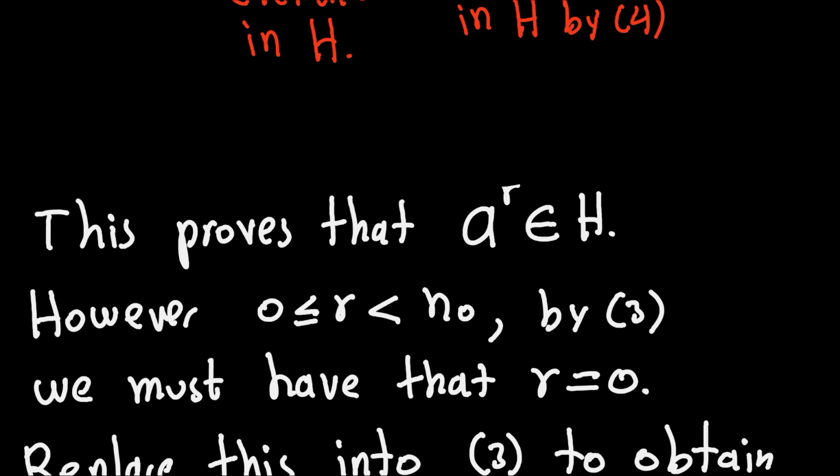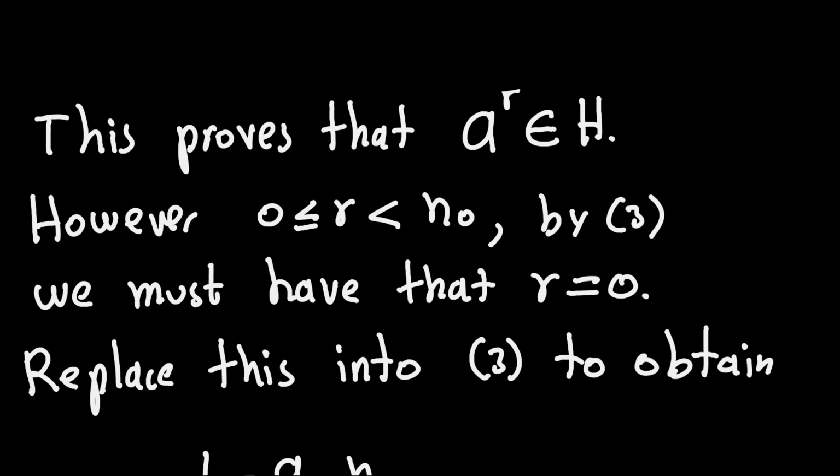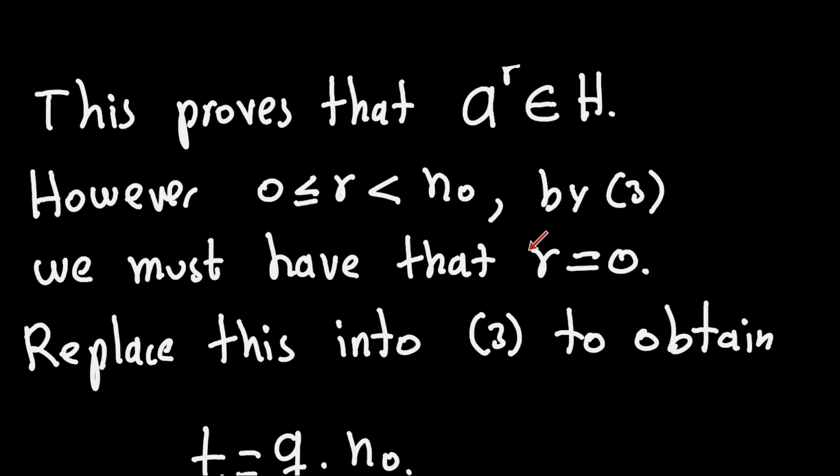A to the R is in H. That means R cannot be bigger than 0. Because if it is, then I will have found a smaller exponent than n0 that is in H. And that is a contradiction because I know n0 is the smallest. So the only possible way is if R is equal to 0. So then that means that exponent is 0.